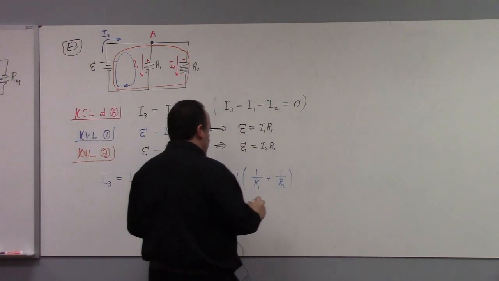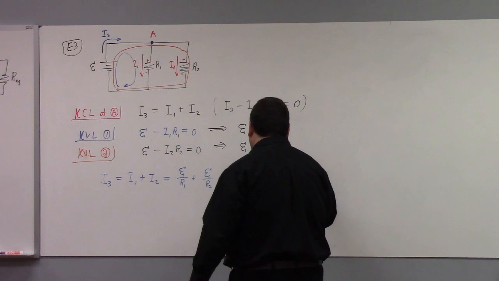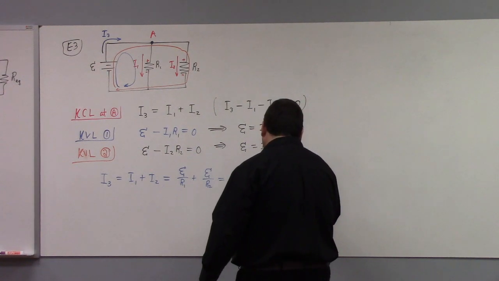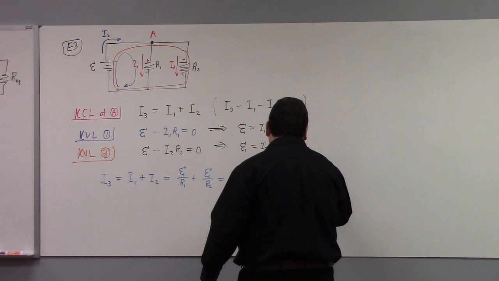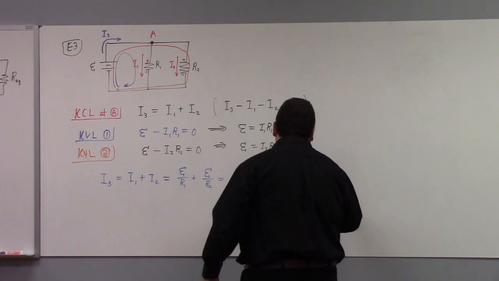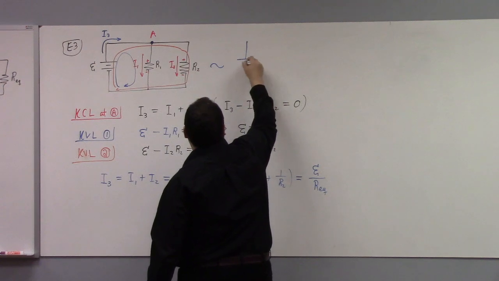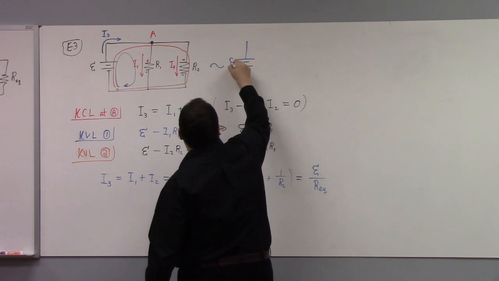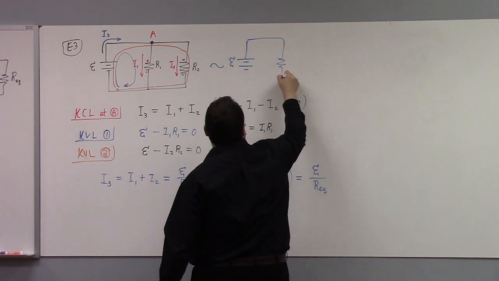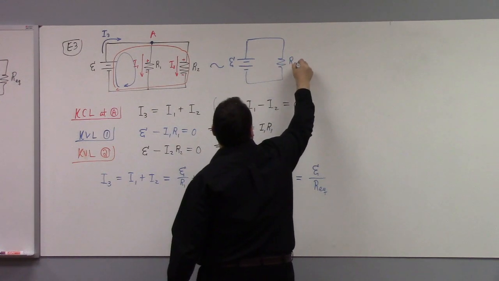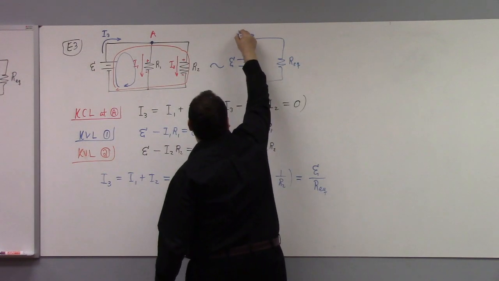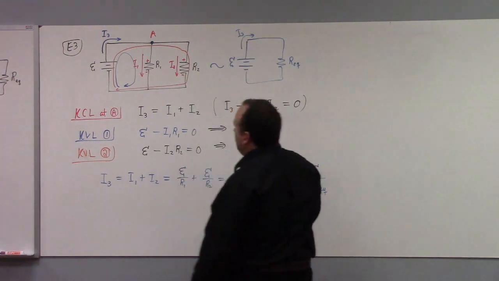And on the other hand, this is also equal to E over R equivalent, right? So if we say this is the same as the corresponding circuit, E with the equivalent resistance, and assuming that, the same current is going to be flowing, so it's an equivalent.